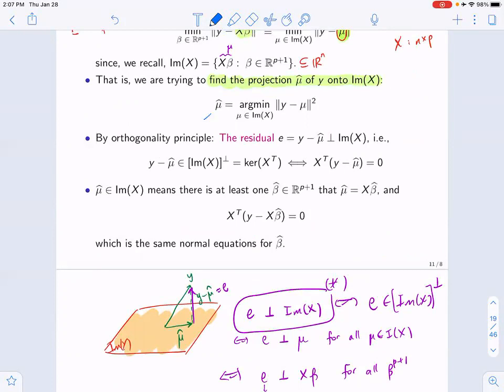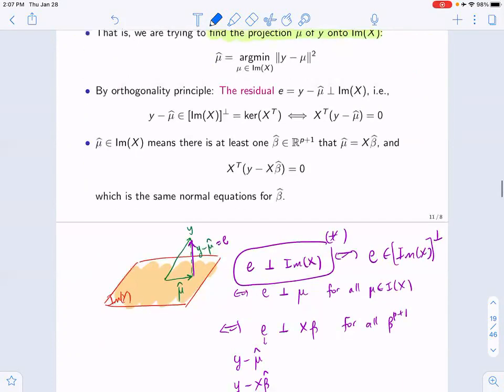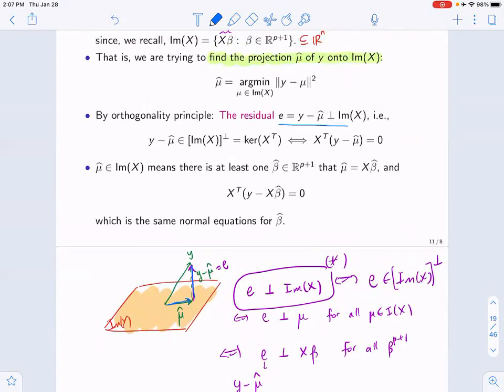Geometrically, you can argue that this projection is characterized by the fact that the residual vector, y minus mu hat, is orthogonal to the image of X, which is the subspace. So if I pick any vector in this subspace, this error is going to be orthogonal to it. That's the meaning of this notation, that E is orthogonal to the image of X.